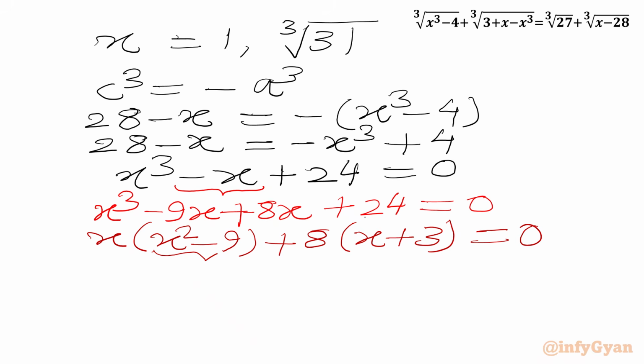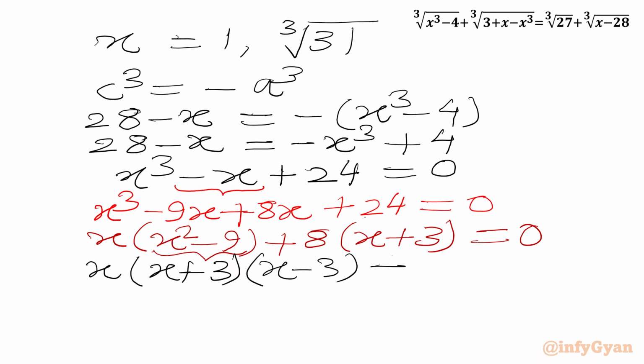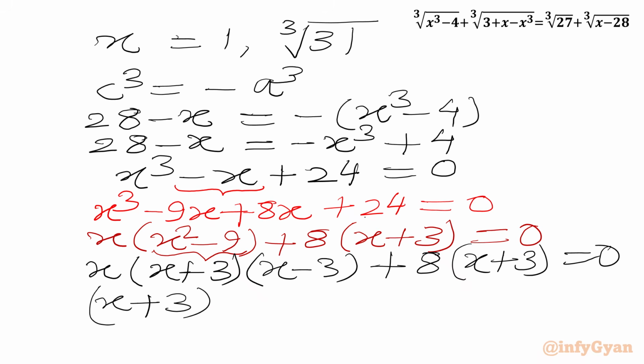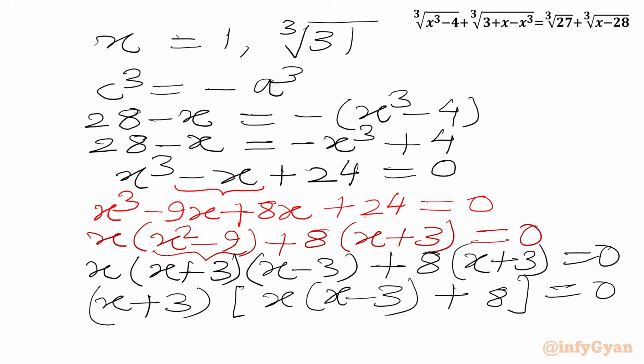Now here we can use a square minus b square formula, as we can write 9 equal to 3 square. So x times x plus 3 times x minus 3 plus 8 times x plus 3 equal to 0. Now we have x plus 3 overall common. So we will get x plus 3 times, in other bracket we'll write x times x minus 3 plus 8 equal to 0.